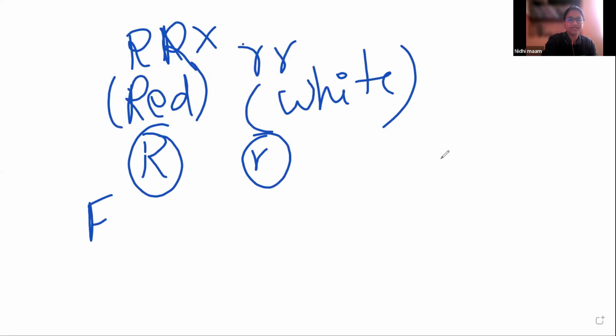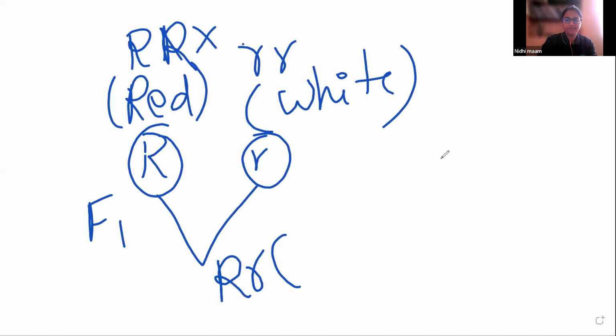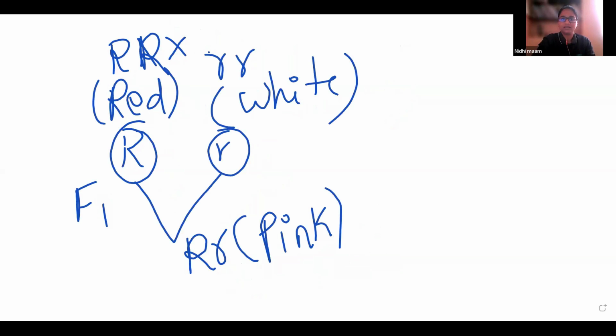In the F1 generation, fusion of gametes results in plants with pink flowers. So far we understand this. Next, these F1 plants are allowed for self-pollination and then fertilization.